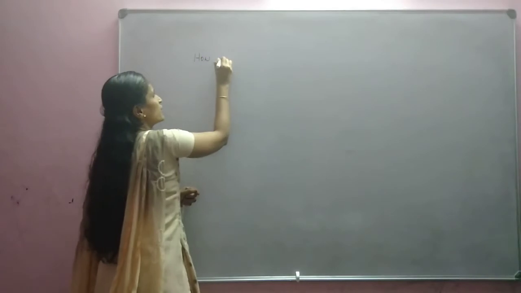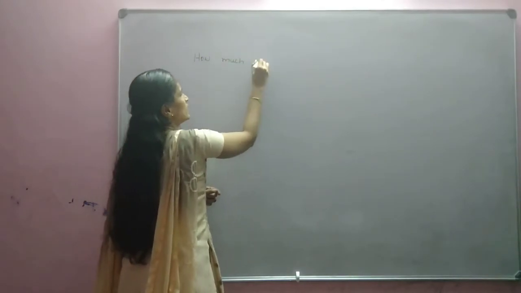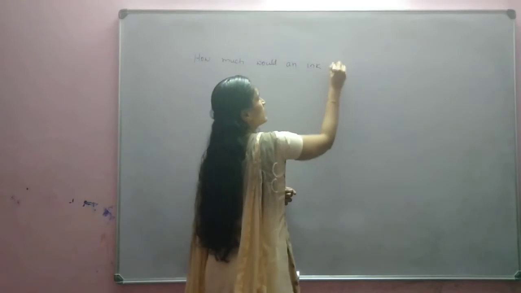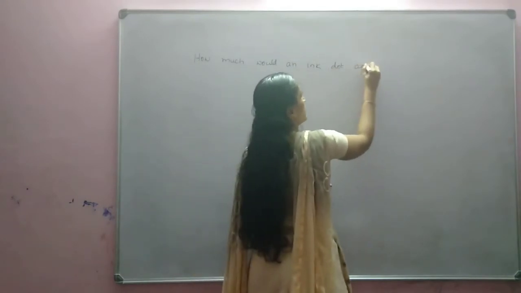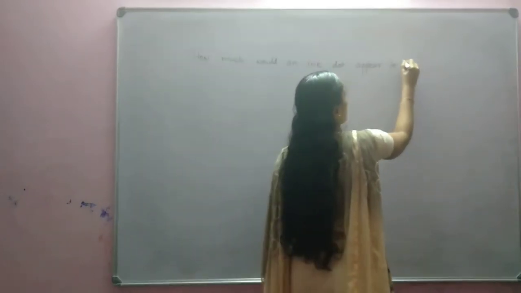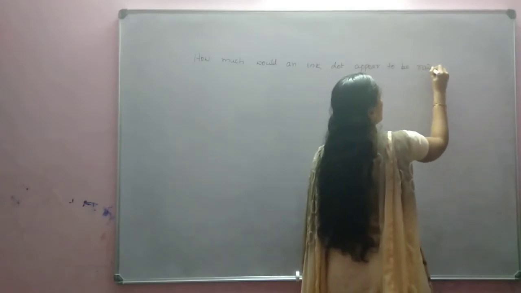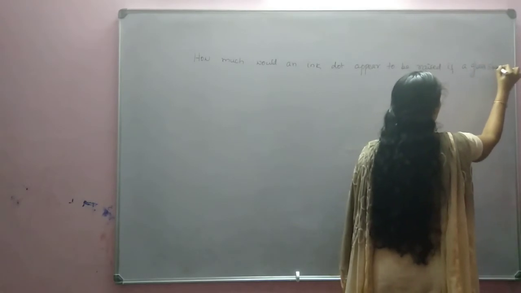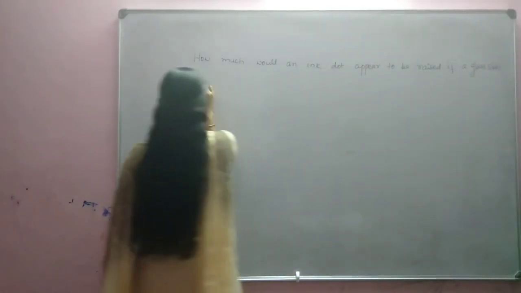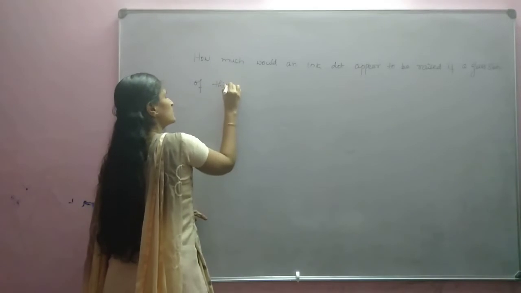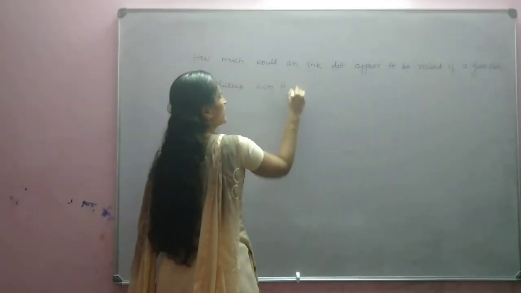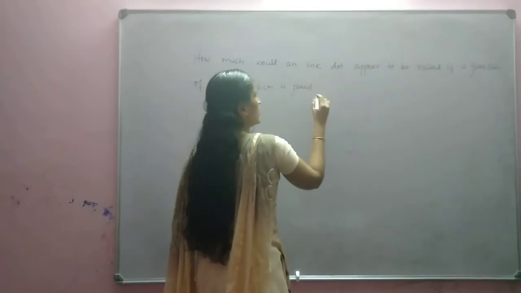How much would an ink dot appear to be raised if a glass slab of thickness 6 centimeter is placed above it.